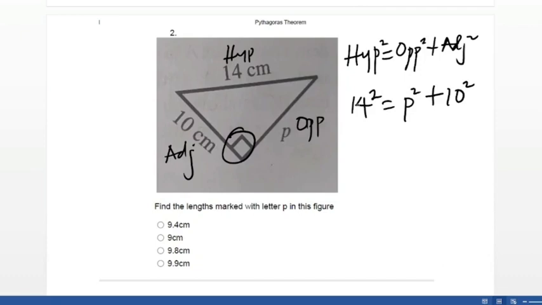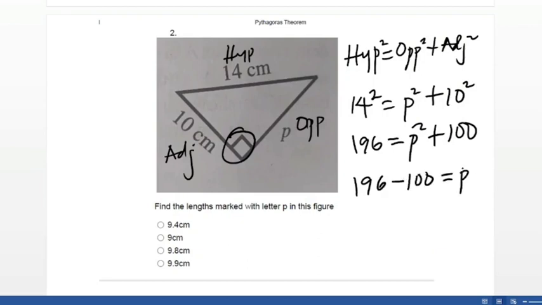So 14 squared is equal to 196, equals p squared plus 100. All right? So that means 196 minus 100 equals p squared. I hope I'm making sense. So that means 96 equals p squared.